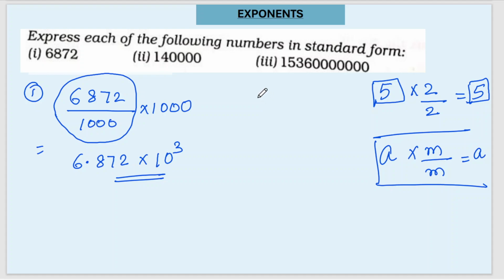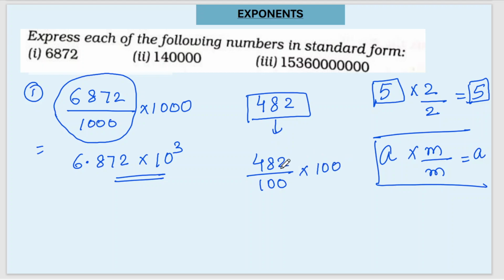Suppose you want to convert 482 into a standard form, what are you going to do? You are going to put the decimal here, and for putting the decimal here, you have to follow the process. So I write 482 divided by 100, because I want the decimal here, into 100, because if I divide the number, I also have to multiply it.